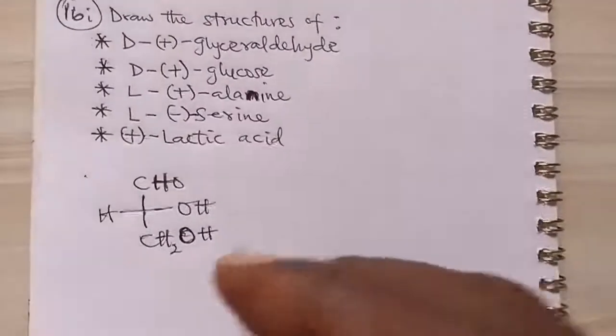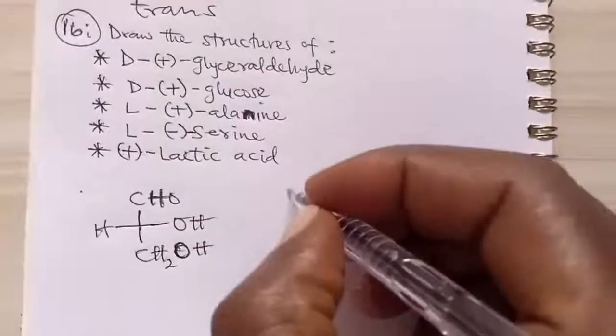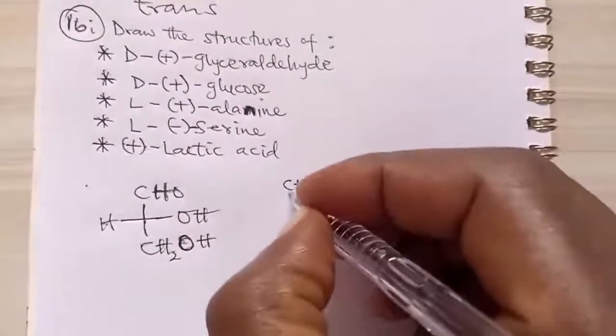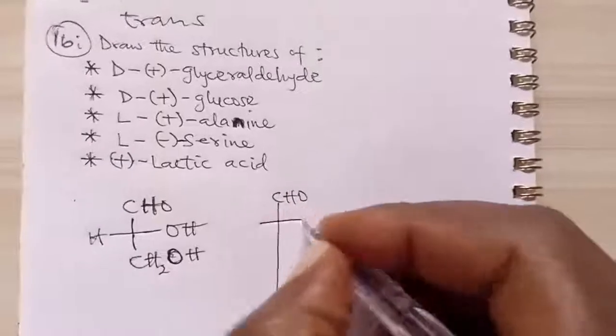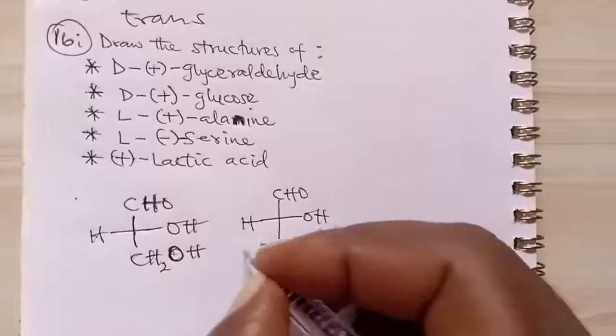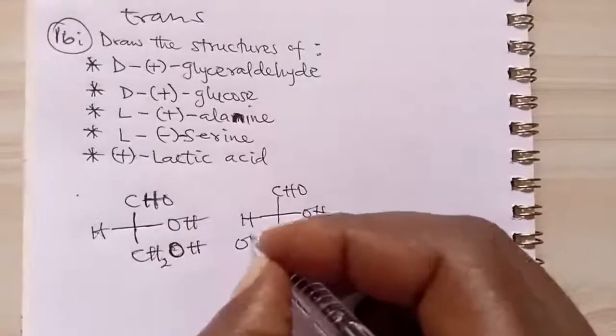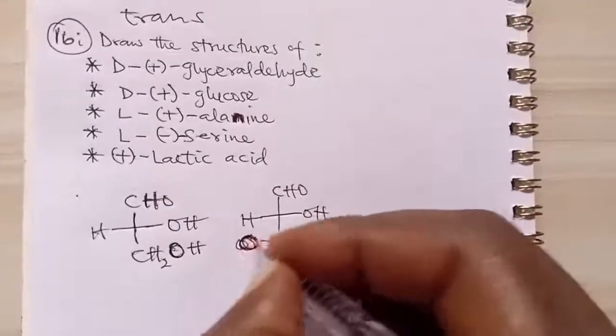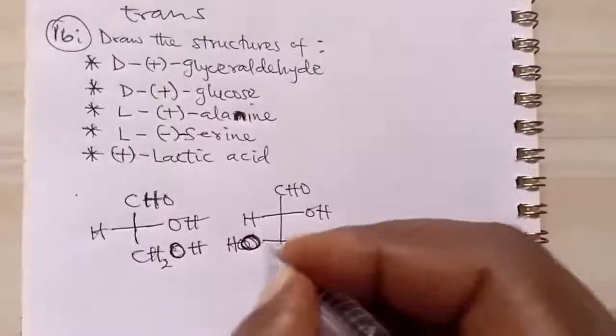The second one, D plus glucose. We have OH and then H. We have OH, or let's put it this way to show that O is bonded to this.